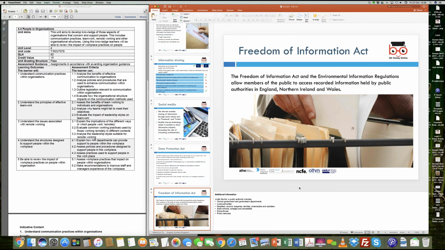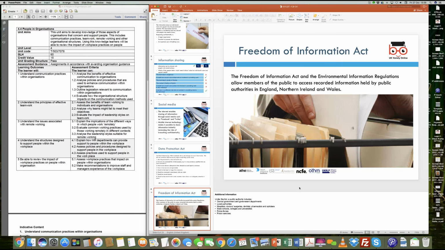Now, the Freedom of Information Act was introduced in 2000, and this act allows the public to access information around government departments.